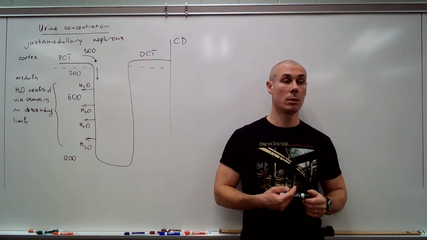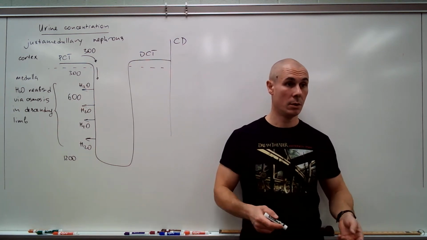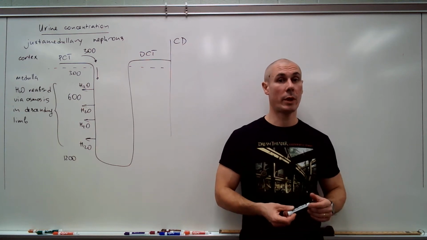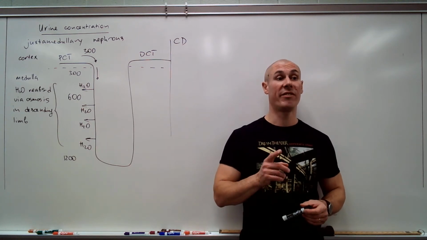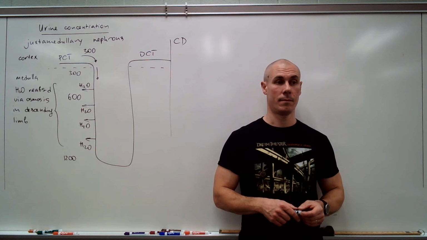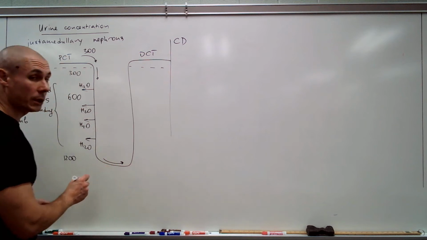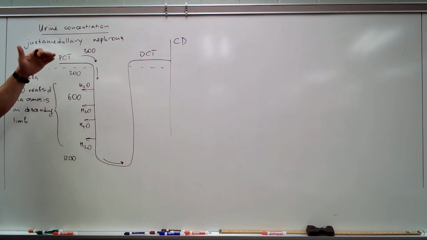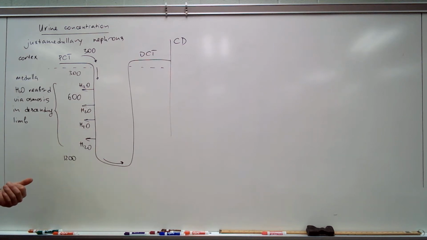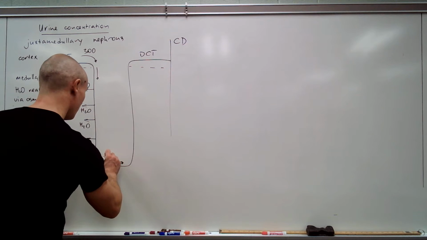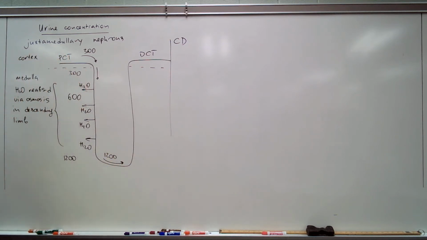Now, as water is being reabsorbed in the descending limb, what happens to the osmolality of the filtrate? It increases. Very good. So here at the bottom, water is being reabsorbed to the extent, to the concentration that's outside. So ultimately the highest is 1200. So filtrate becomes also 1200 at the bottom, right?